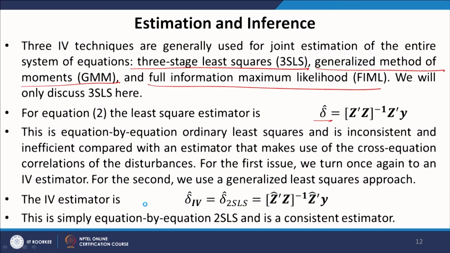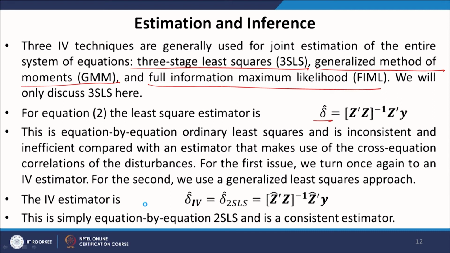By considering the instrumental variable estimation technique, we will first take care of the inconsistency problem, and the problem of inefficiency will be taken care of by using a generalized least squares approach, which we also discussed earlier in the context of heteroscedasticity or serial correlation.